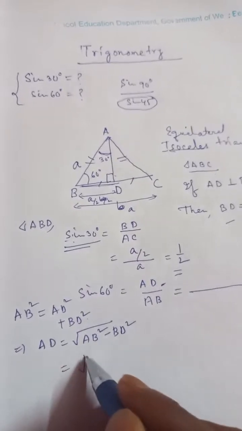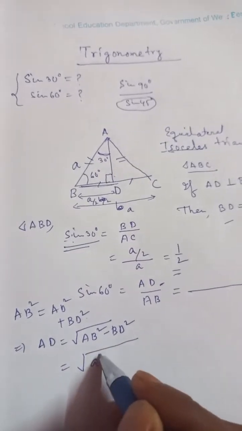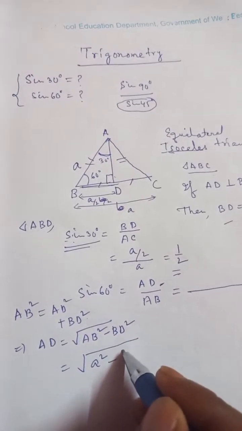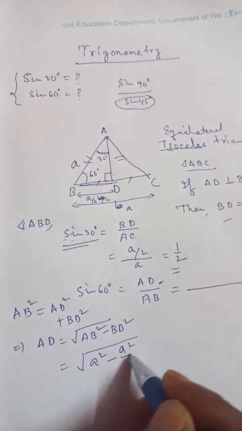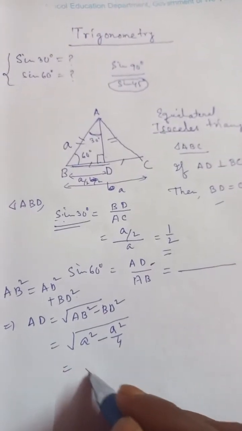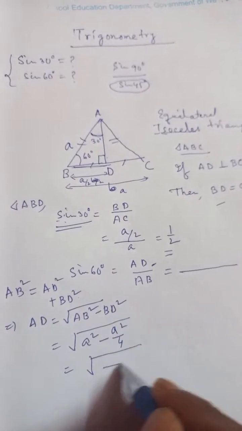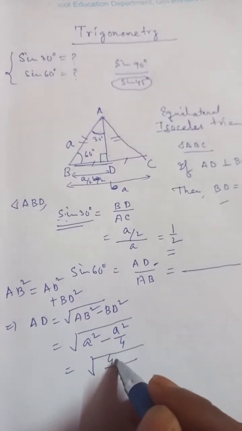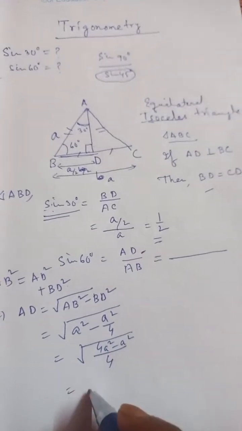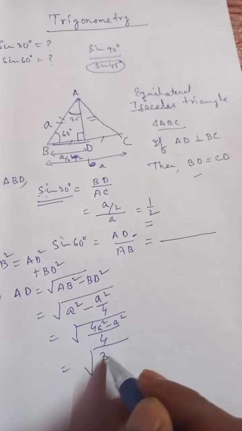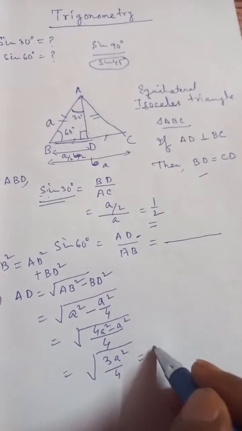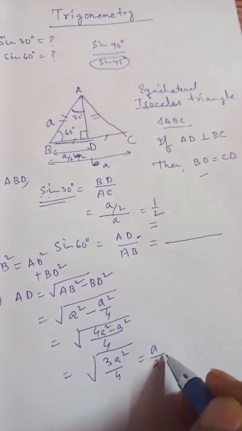AB is A, so we take A square, and BD is A by 2, meaning A square by 4. After subtraction we get root over 4A square minus A square by 4, which is root over 3A square by 4, which is A by 2 root 3.